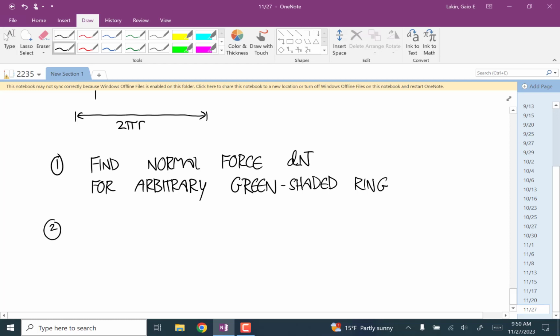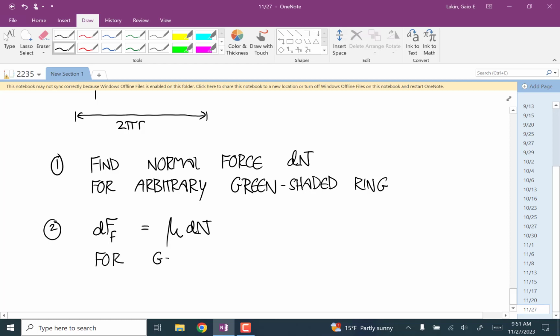Then you're going to find the infinitesimal friction force for that green shaded ring by multiplying the coefficient times what you just found.